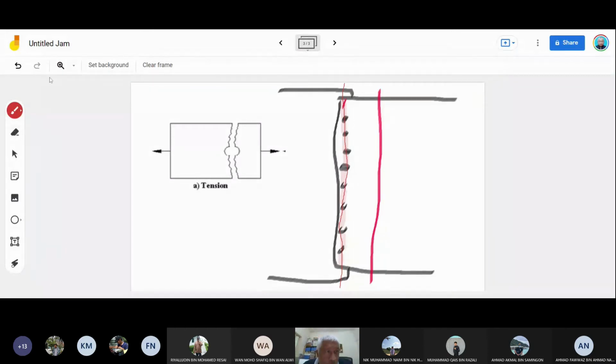So if we go back to the analysis of stress, which is force over area, the area that we talk about is this area. If we compare to this area, this area is bigger because there is no hole. This area is less because it already has the hole, which leaves only the area between the fastener holes.